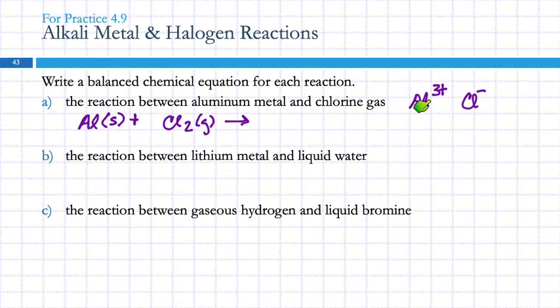I've got a +3 here, and this one is -1, and so I'm going to need 3 of those so that when I group them together, the charge is 0. So this is going to make AlCl3. In general, ionic compounds have very high melting points, and so they're going to be solids at room temperature. I would not try to trick you with that.